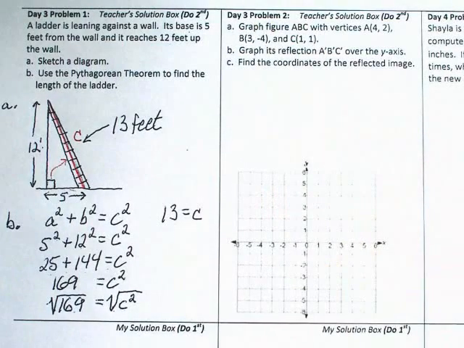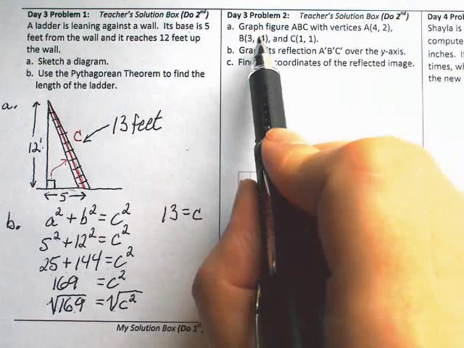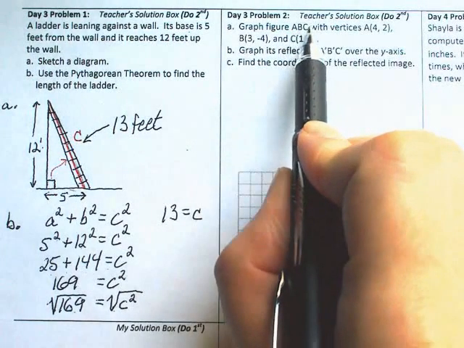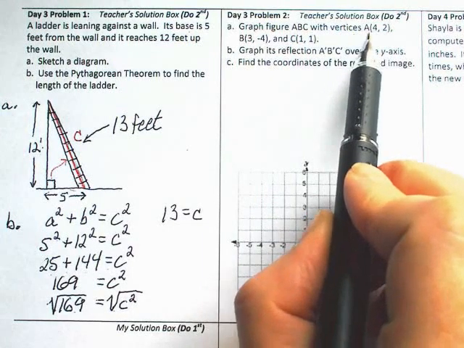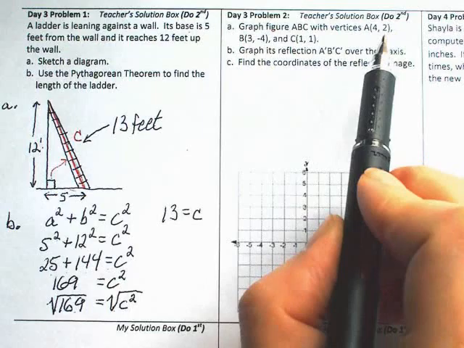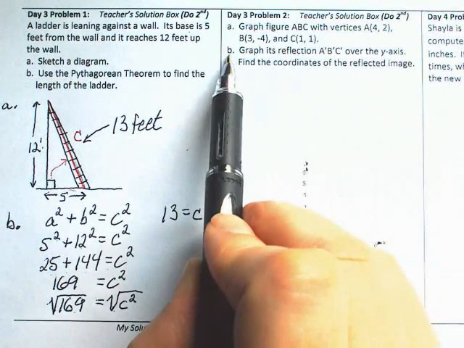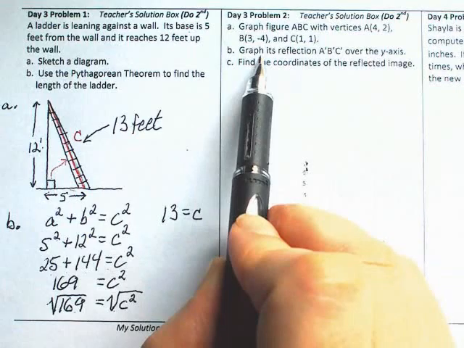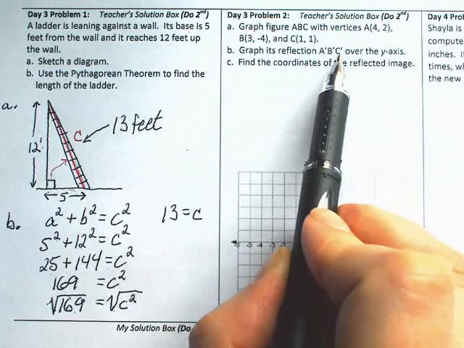Day 3, problem 2. There are 3 parts to this. A part A, which asks us to graph figure ABC, and we're given its vertices, so we're given the corners of this figure. A figure with 3 vertices is going to be a triangle. And once we've drawn that triangle, in part B, we're asked to graph its reflection, A prime, B prime, C prime.